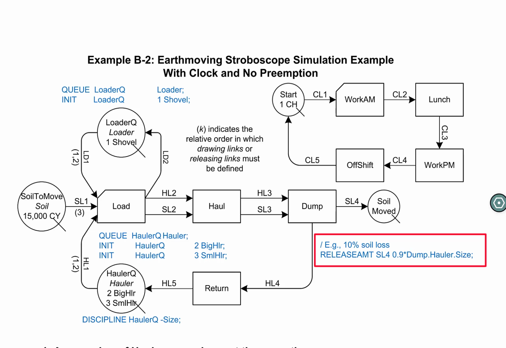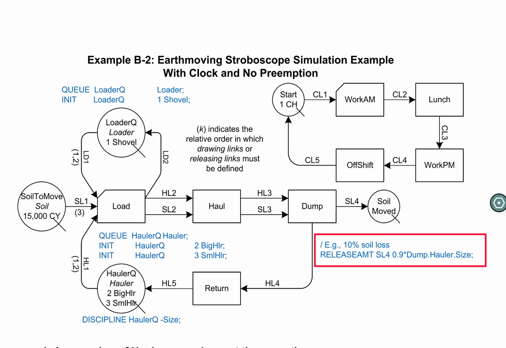For this to work, however, it is necessary that link SL4 be defined first before link HL4, so that a terminating instance of activity dump will release first the soil through SL4 before it releases the hauler through link HL4.